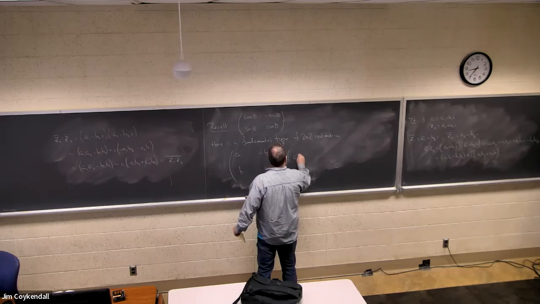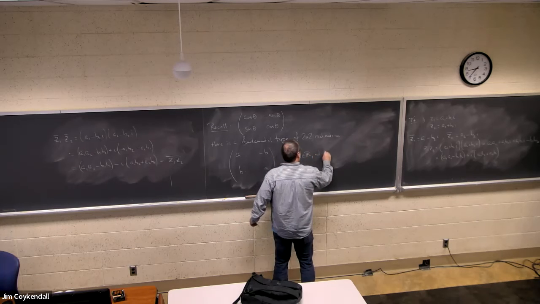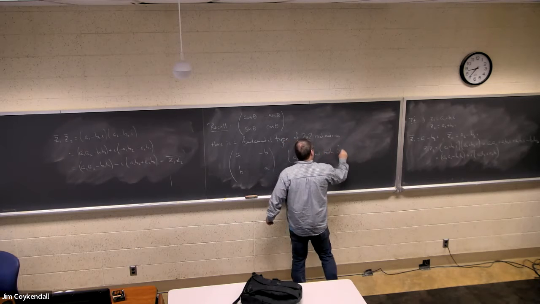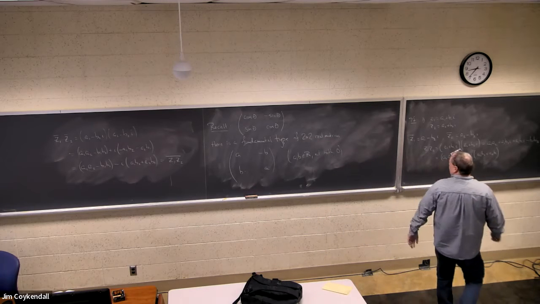Here, A and B are real numbers, not both zero. I don't want them to be the zero matrix because that would be very silly.